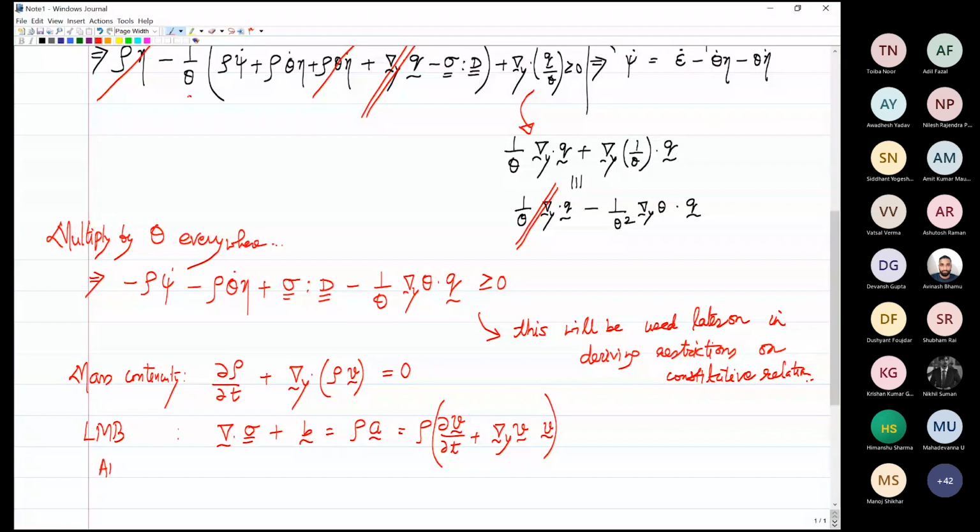Then you have the first law of thermodynamics, which we have up there.